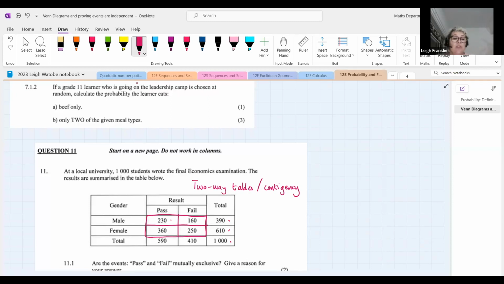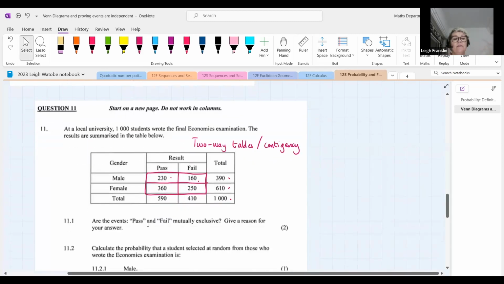So the 230 over here is male and pass. The 160 over here is male and failed the exam. Okay, so the female, there were 360 females that passed and 250 females that failed the exam.